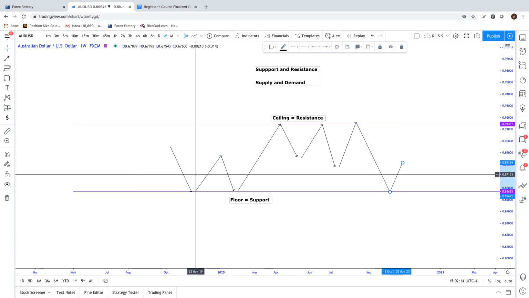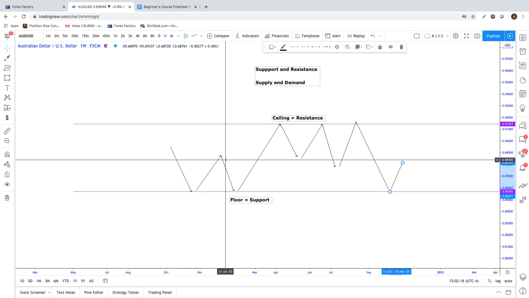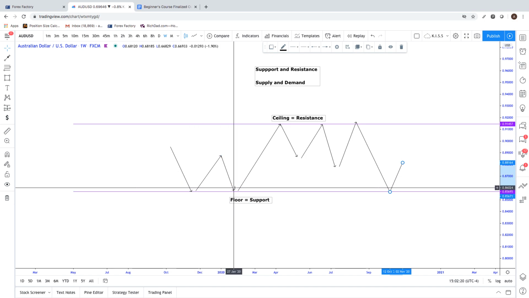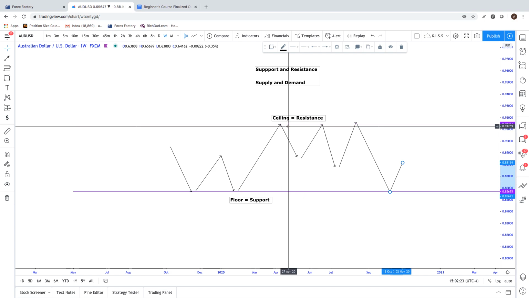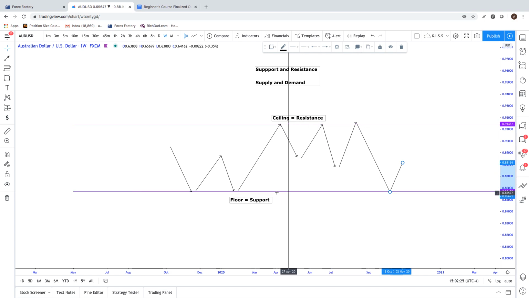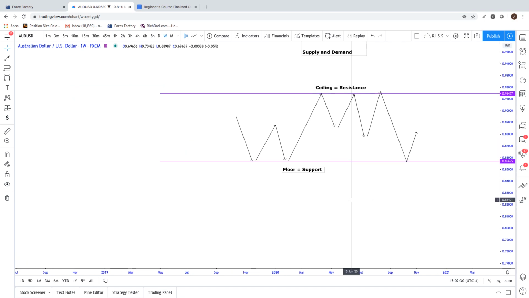A way to think about it is a level at which price reaches and there is either demand or supply for the asset.